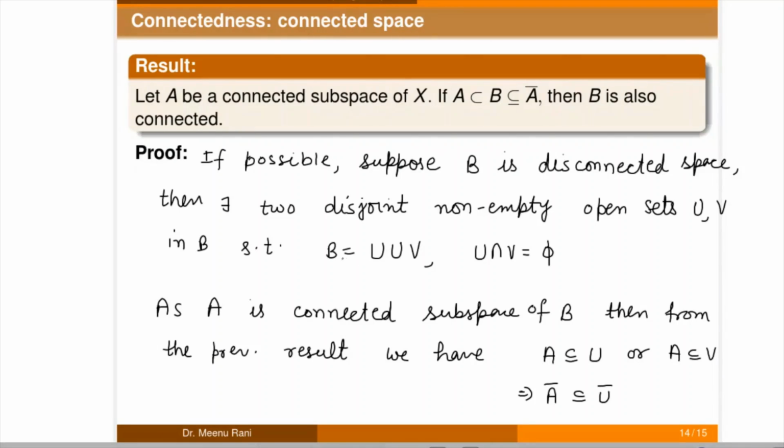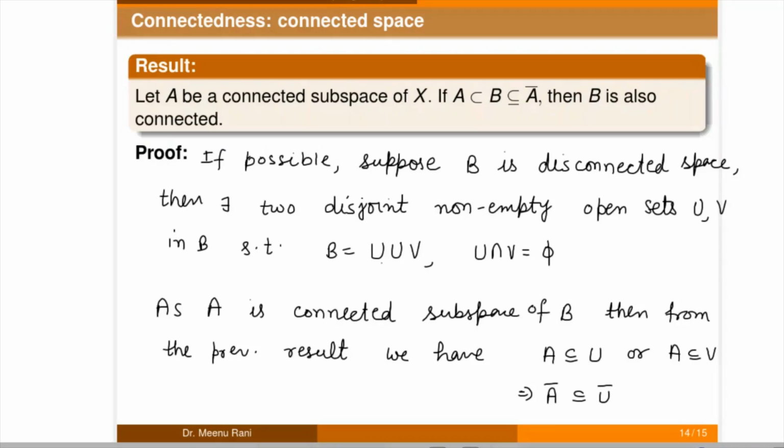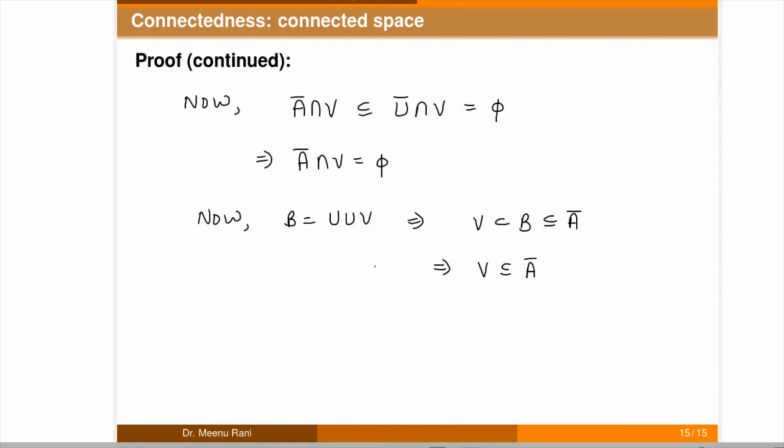Now here we have B is equal to U union V, which implies that V is contained in B, and it is given that B is containing the closure of A, so B is containing A closure, which implies that V is contained in B, so A closure intersection with V is equal to V only.